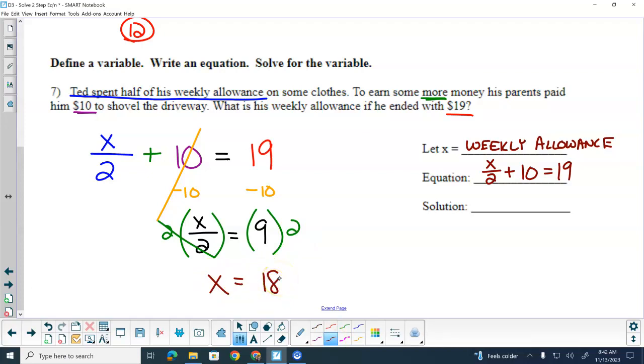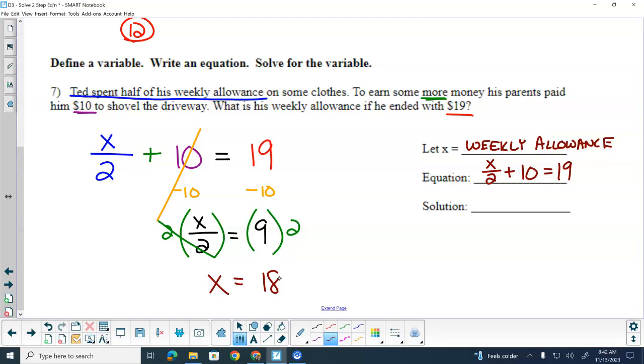So what is my final answer? No. Oh, you have to check it. No. We're still not there yet. What is my final answer? $18 is my answer. Okay? So now we're going to go check it way back up here in the original problem.